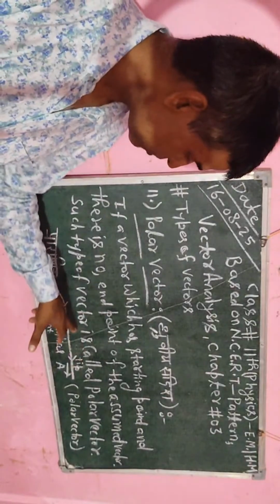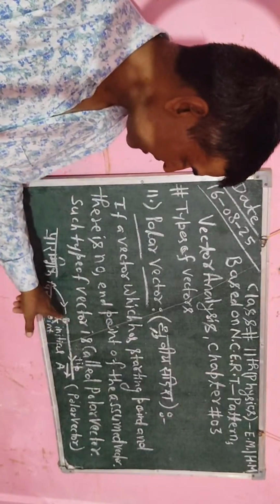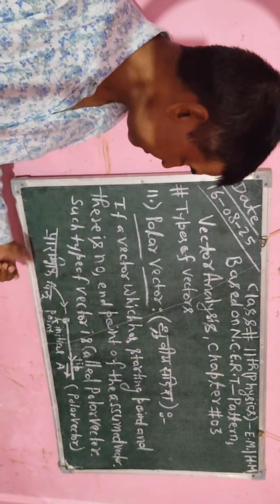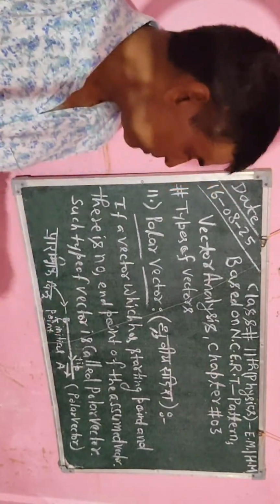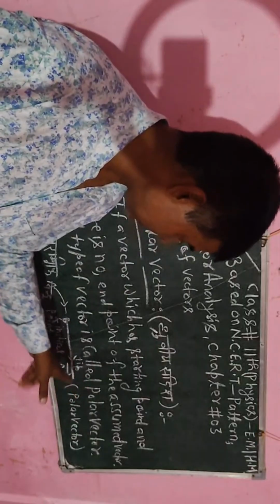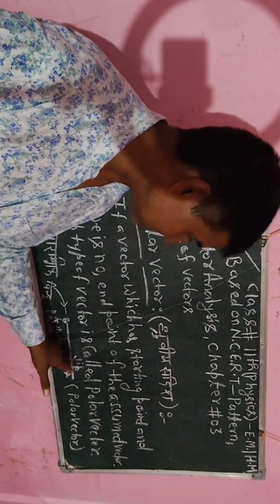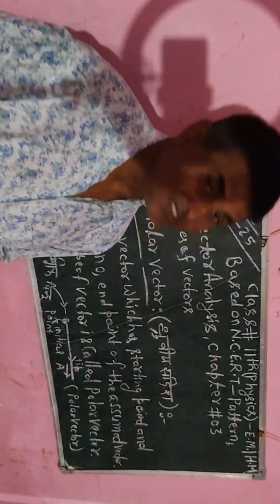Here I have also drawn its diagram, because one end point I have written here as प्रारंभिक बिंदु, or in English I have written initial point. The other end I will say is the tip, but it is not stopping, it is proceeding. Such a type of vector I will say is the polar vector.